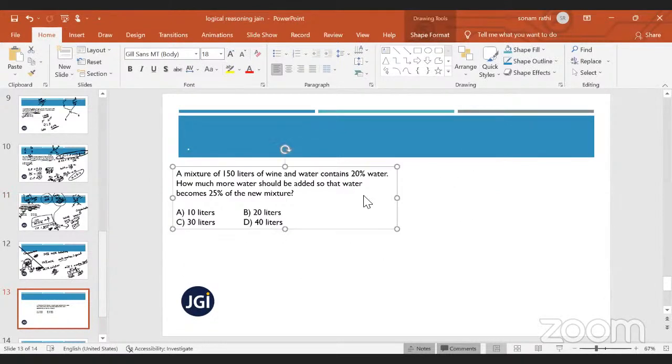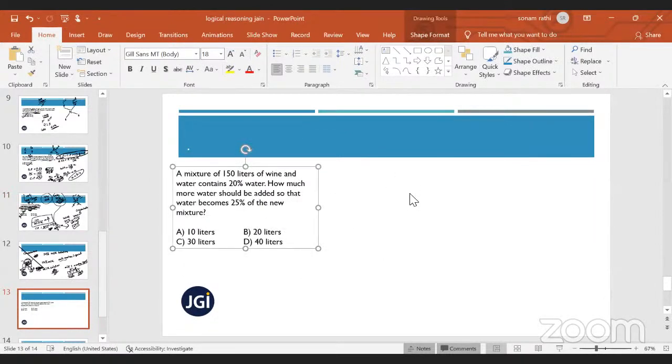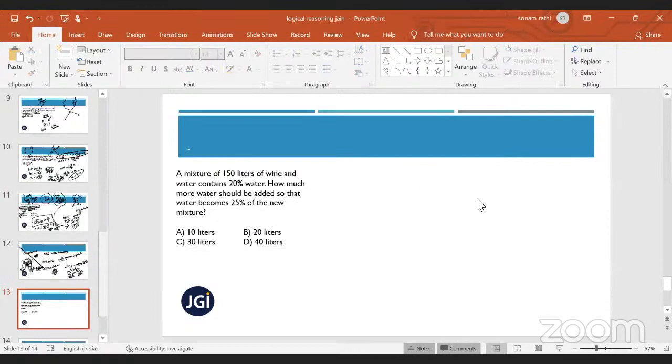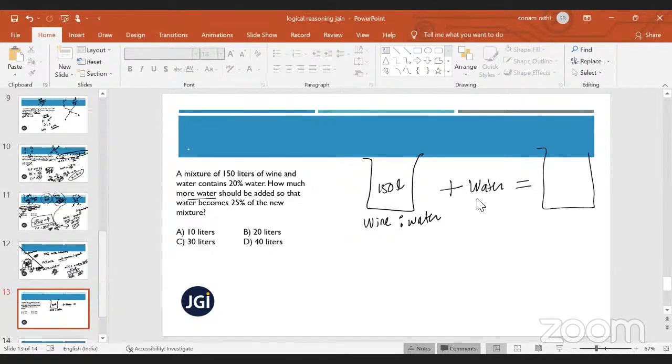Let's understand this. There is a beaker, and in that beaker 150 liter of wine and water is there. They are saying some water should be added so that the new mixture has 25% water and wine will be 75%.